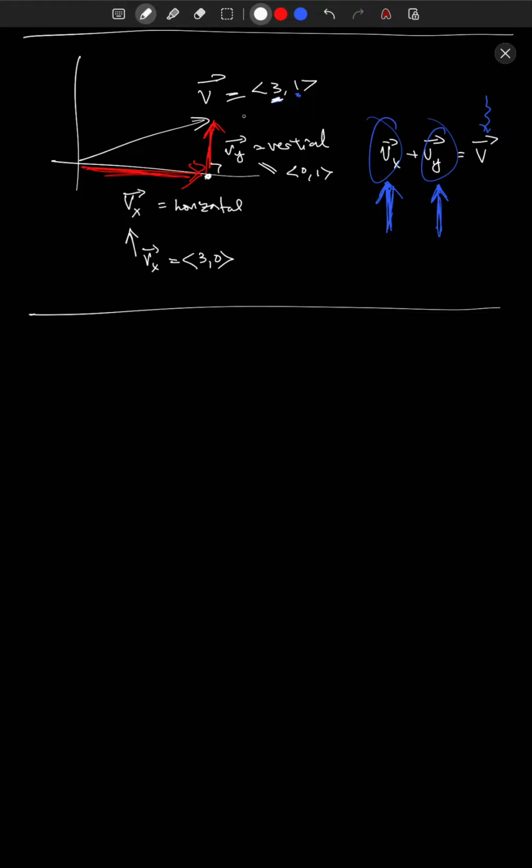Let me give one more example, because all of my examples here have been like +3, +1. Obviously you could have vectors which point in negative directions. So this vector right there perhaps is +2, comma -3, because it's a positive x coordinate and negative y coordinate.